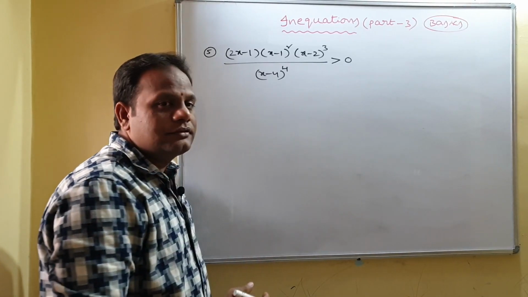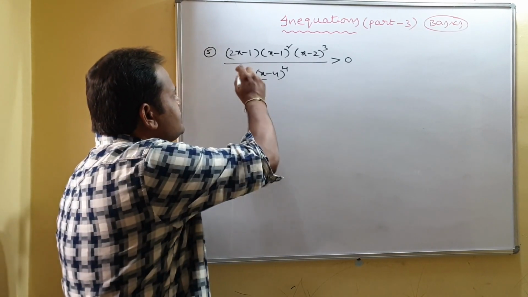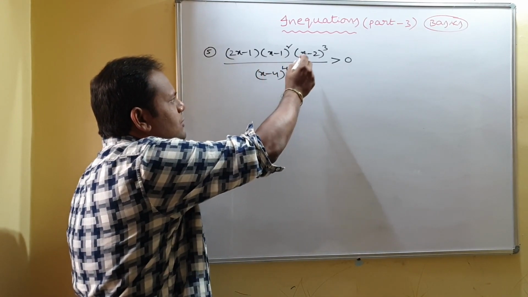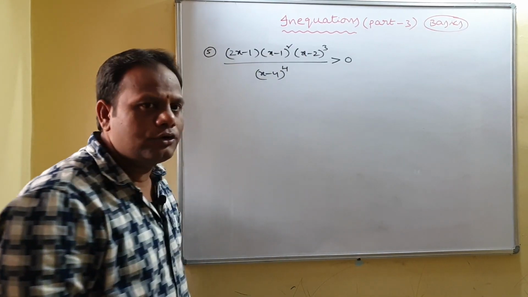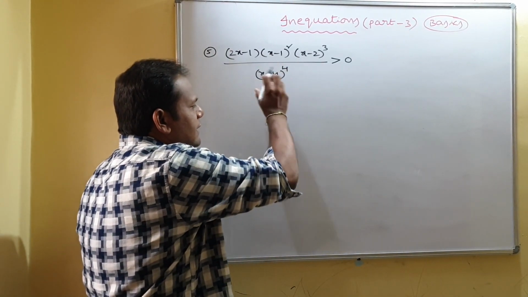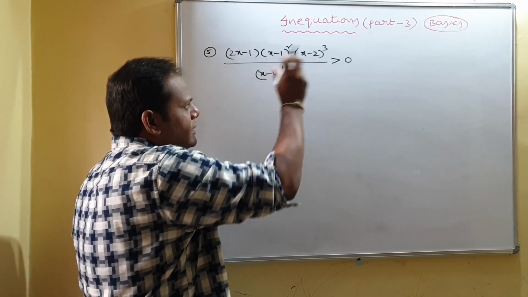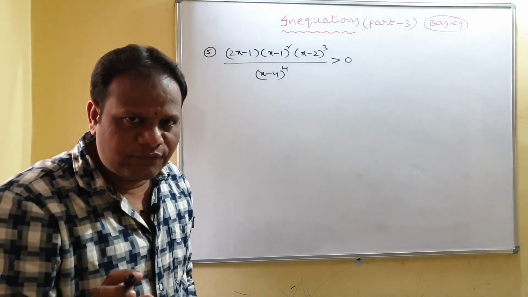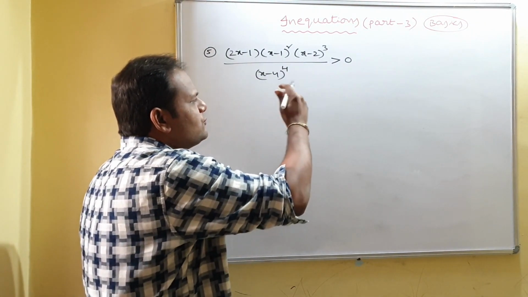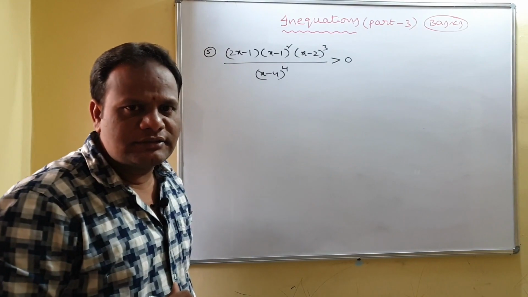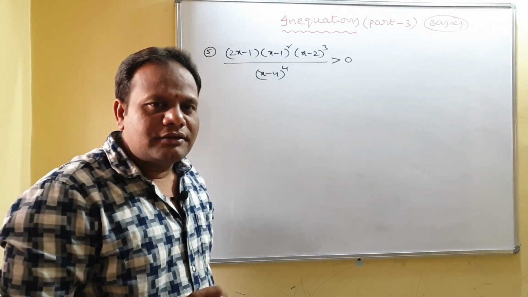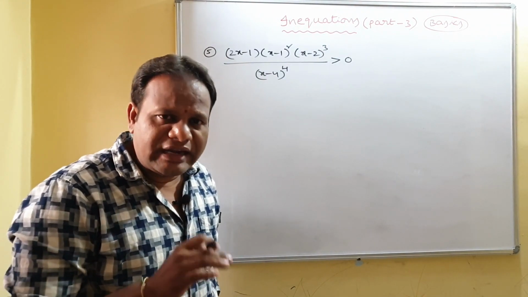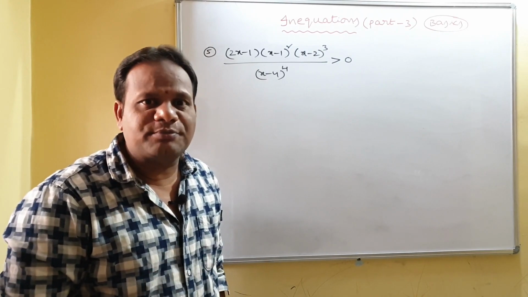Moving to the next. Solve (2x minus 1) into (x minus 1) whole square into (x minus 2) whole cube by (x minus 4) whole power 4 greater than 0. Listen carefully. First, always we try to do cross multiplication. But in the last questions, why didn't we go for cross multiplication?